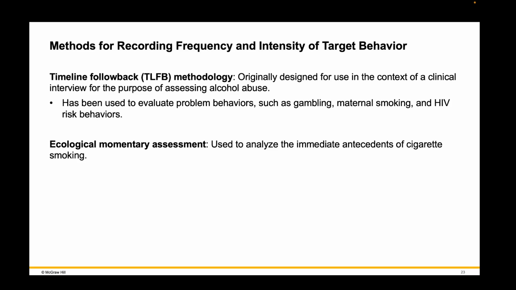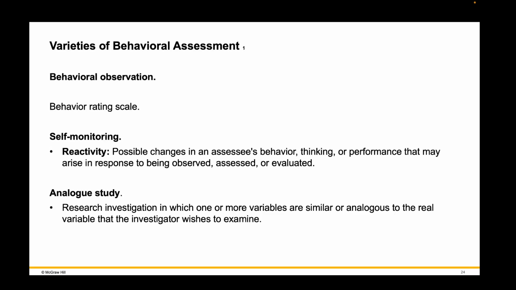So, para makita, ano ba yung ABC nung smoking? Okay, and of course, the ever popular or the widely known behavioral observation. So, ito yung talagang ginagamit natin as one of the methods for our personality assessment. Hindi yan pwedeng mawala sa battery.